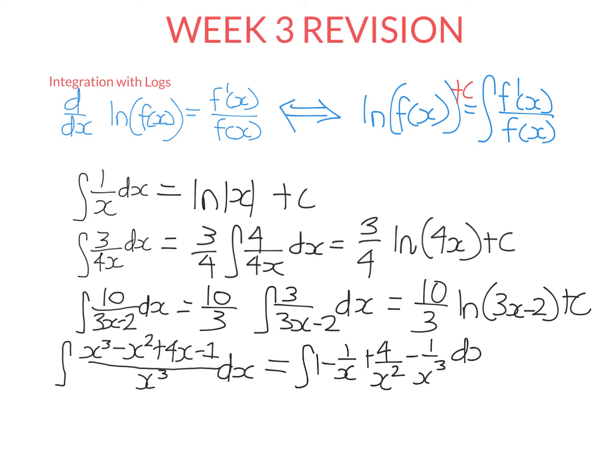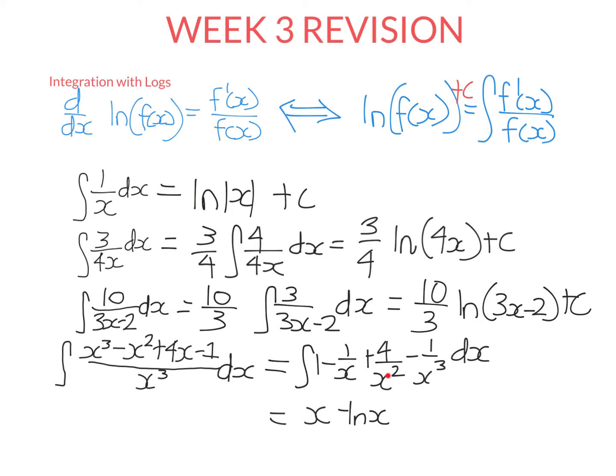So what we're going to do is integrate each of these terms one by one. You remember to integrate 1, we just get x. The integral of 1 on x is just the natural log of x. Okay, so don't worry about the absolute value, like I said before. So how do we integrate these? Well, these are actually the same things you were integrating last semester. This is 4x to the minus 2.